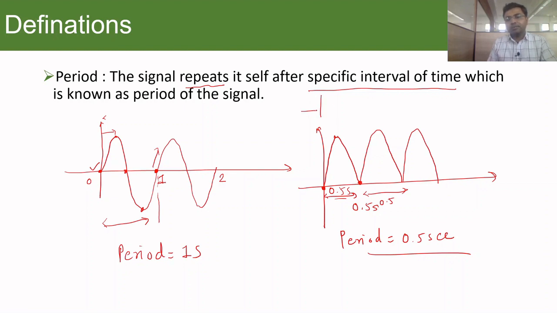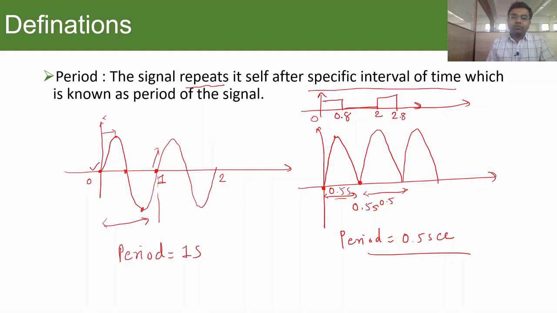If I explain with another example, say you have a square wave like this, and this is, let's say, 0.8 second, and this is, let's say, 2 second. This is again 2.8 second, right? And later the signal will get repeated.